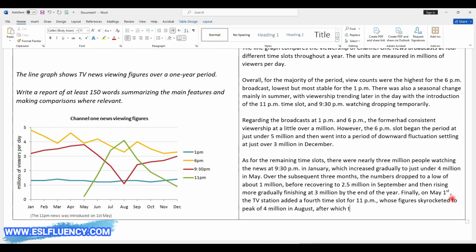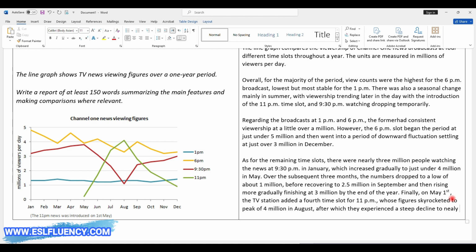Or after which they experienced a degree of change, steep. Okay, let's go with a steep decline. Yes, steep decline to nearly a million. All right, it's a little under that, so we can't just say a million.